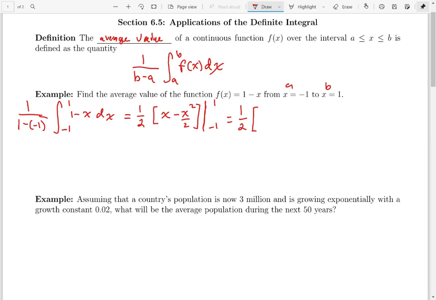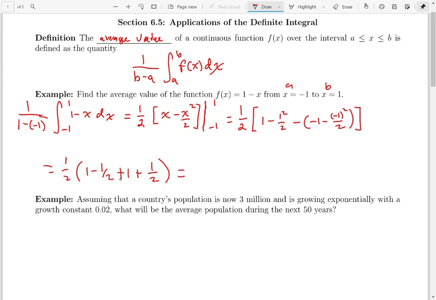And so that's going to be 1 minus 1 squared over 2, all minus negative 1 minus 1 quantity squared over 2. Well, then I get that this is 1 half times 1 minus a half plus 1 plus 1 half.